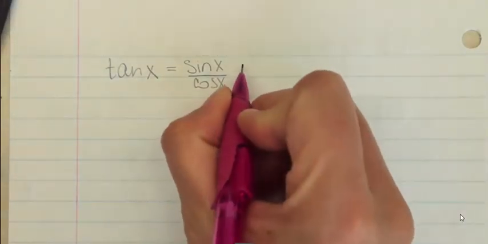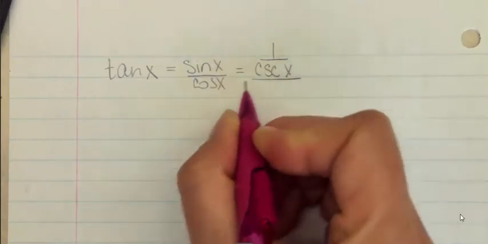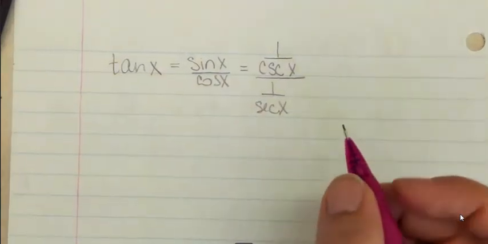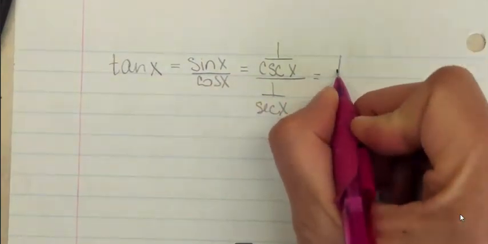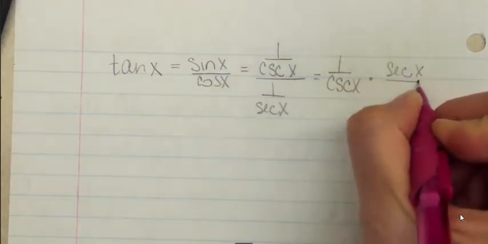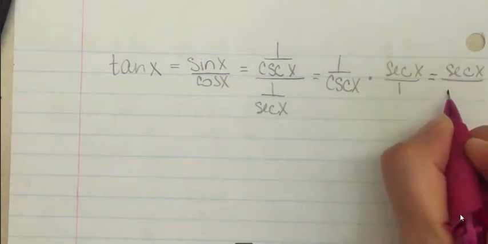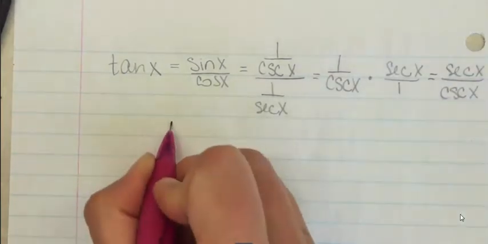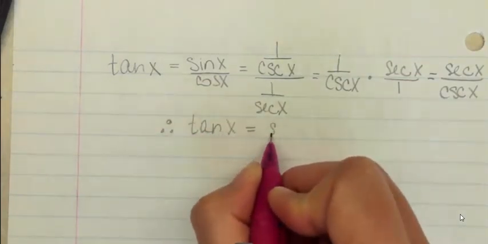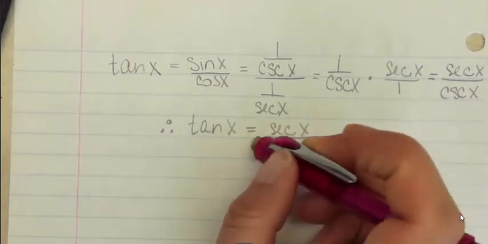So we know that sine of x is the same thing as 1 over cosecant x, and we know that cosine of x is the same as 1 over secant x. So if we take those two things and we divide them, again, we don't divide fractions, so we'll multiply. And so what we get is secant x over cosecant x. Therefore, we know that tan x is the same thing as secant x over cosecant x.